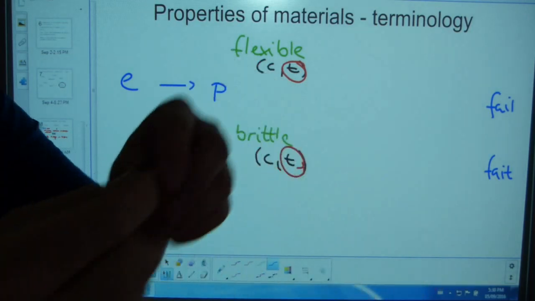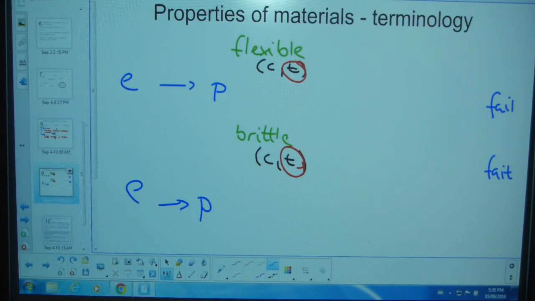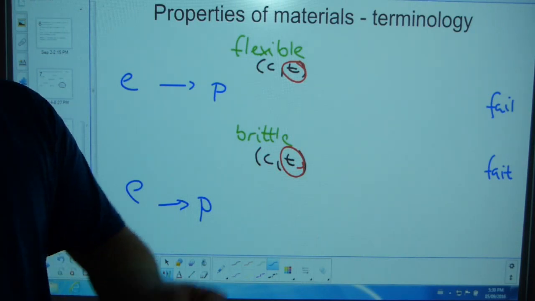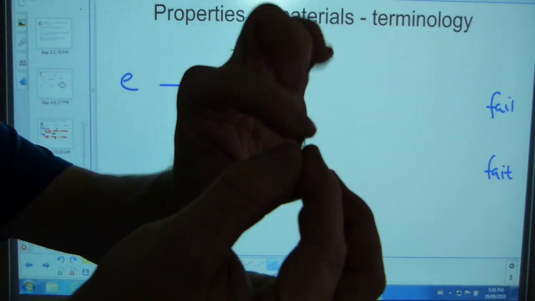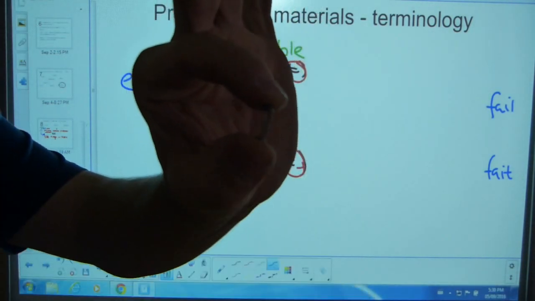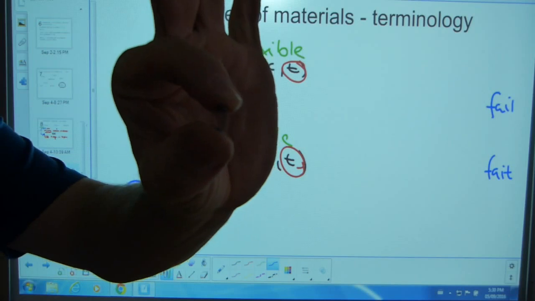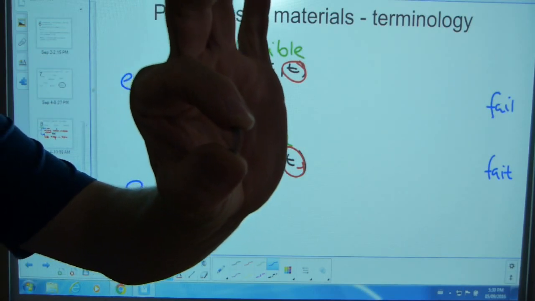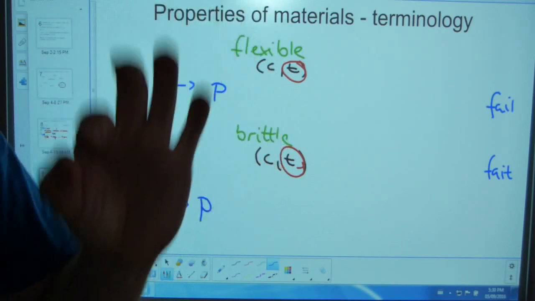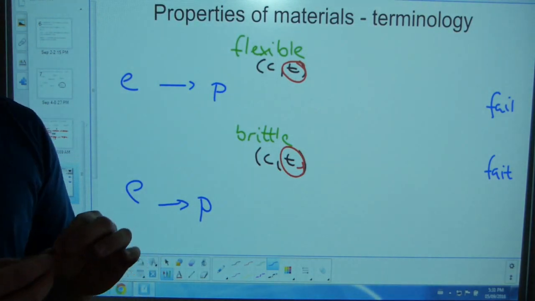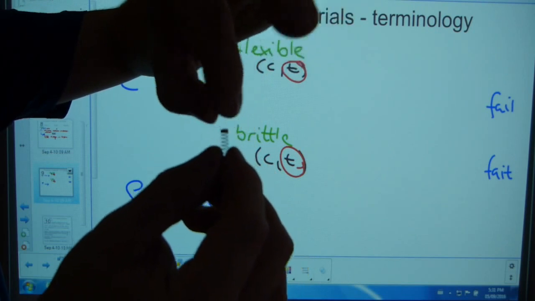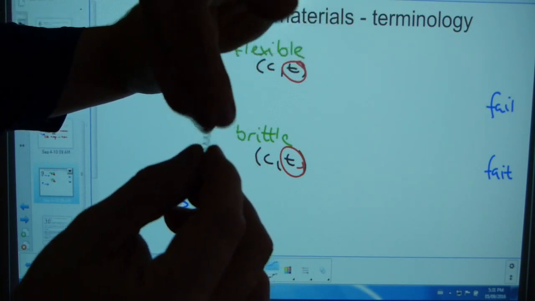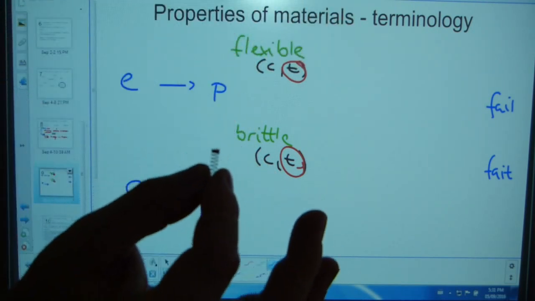It's a shorty one. I'm going to elongate it. In compression it will never fail, it's going to be elastic in compression for a good while, but in tension, when I pull on it, it returns to original shape and size if a small enough force is applied.